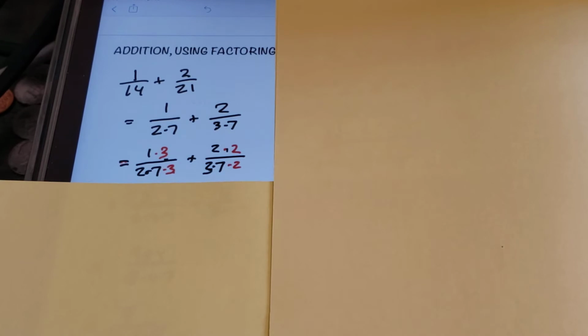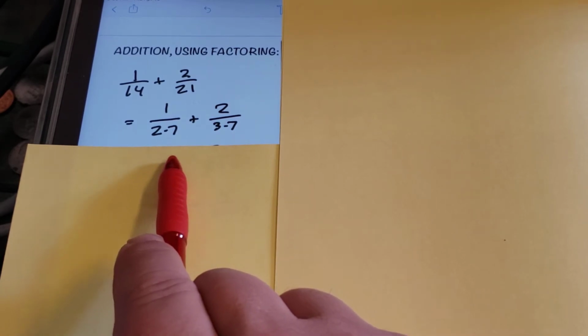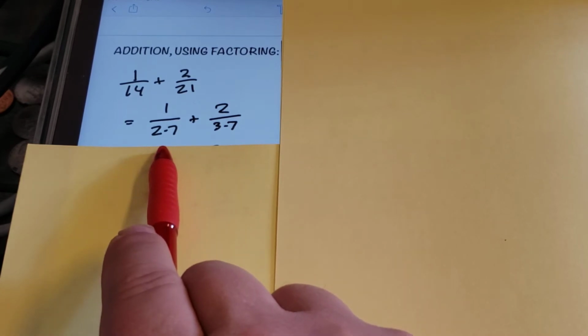Now, let me go through this reasoning here in a fun way. Okay, well, I think math is fun sometimes. After I factor, I want you to think this way. This denominator is jealous of his neighbor, and this denominator is jealous of his neighbor.